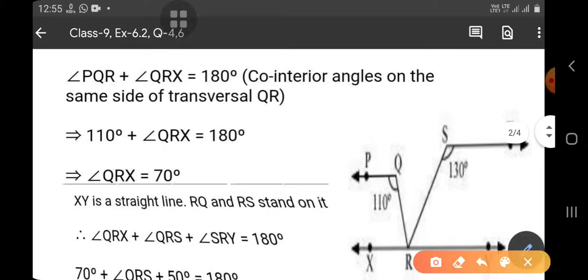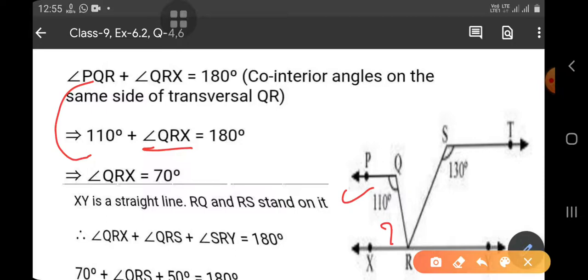We will use it. Angle PQR, that means this angle, is 110 degree, plus angle QRX, so the sum of these two angles will be 180. Reason, co-interior angles. The angle PQR value is given as 110 degree, and QRX we have to find.